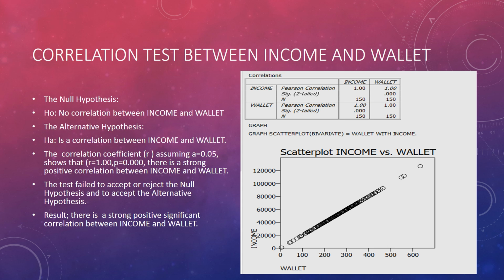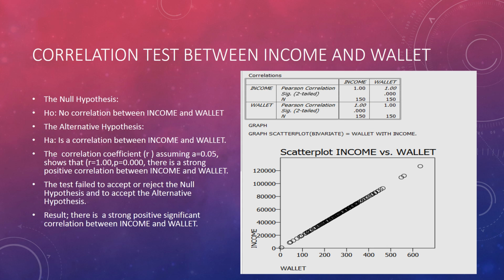Now we'll do the correlation test between income and wallet. On this, the null hypothesis says there's no correlation between income and wallet. The alternative hypothesis says there is a correlation between income and wallet. The correlation coefficient, assuming that alpha is equal to 0.05, shows that R equals 1.0 and P equals 0.000, meaning there is a strong positive correlation between income and wallet.